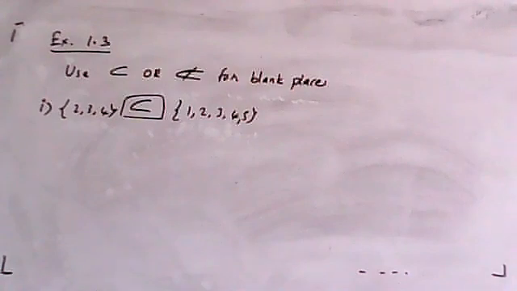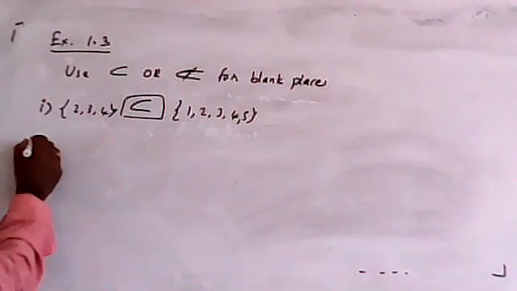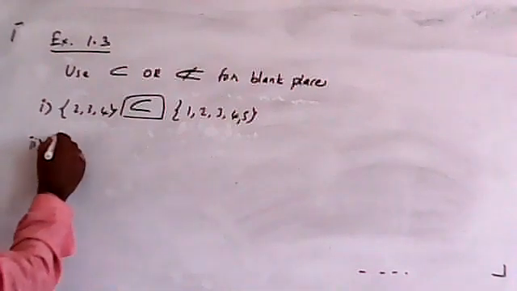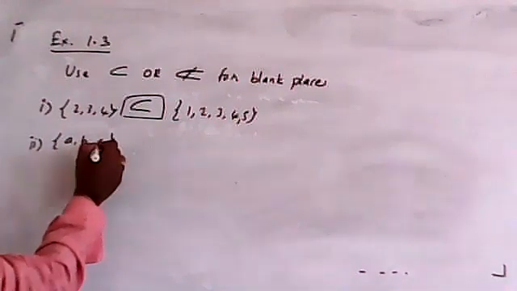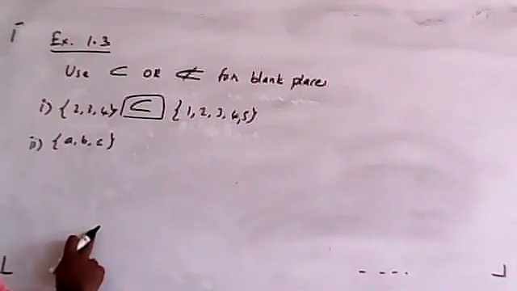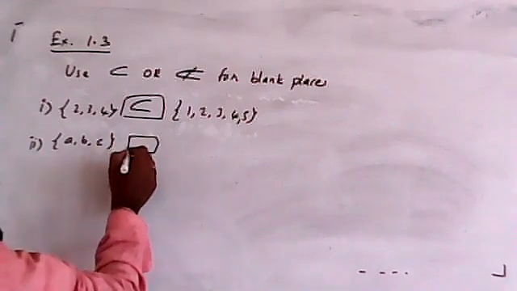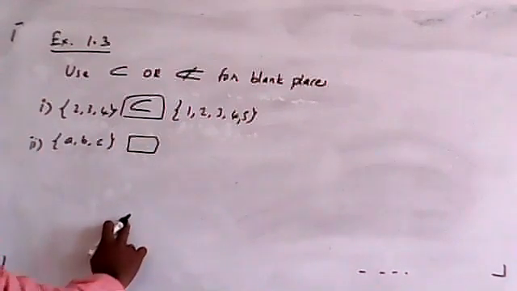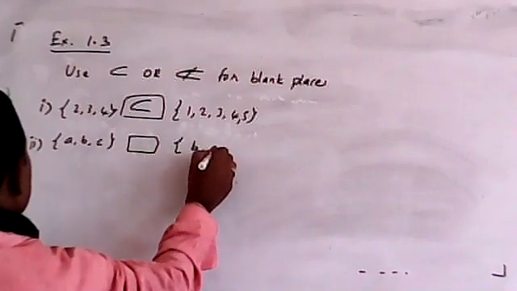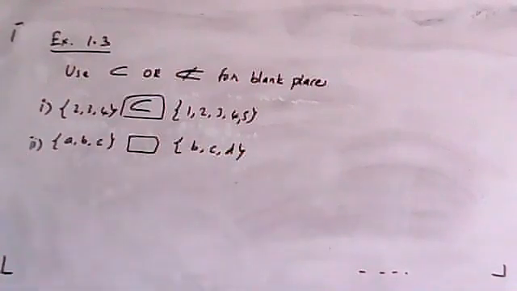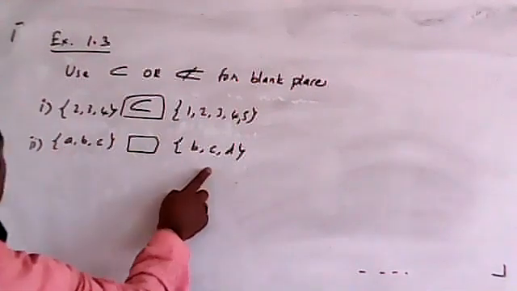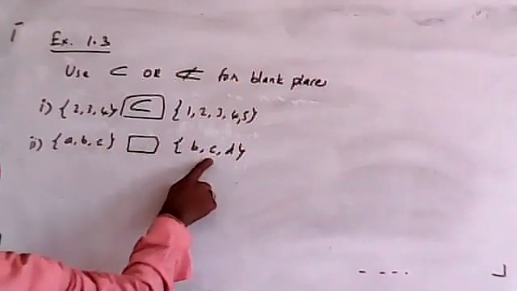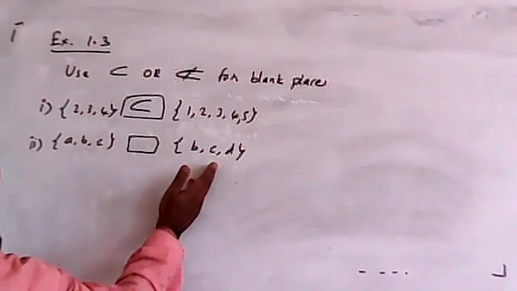Now I will give one more. Second question. A, B, C, and here B, C, D. Whether A, B, C are there: B is there, C is there, but A is not here in this.